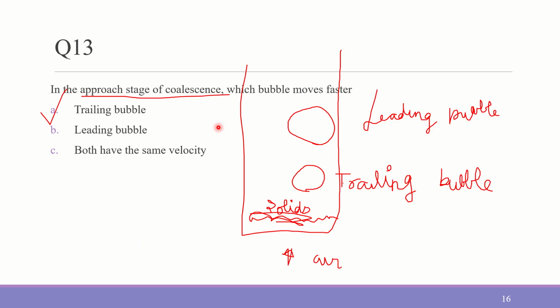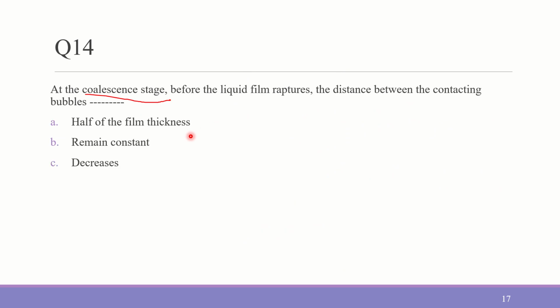In the approach stage, the trailing bubble moves faster and reaches the leading bubble, whereas in the coalescence stage the distance between the contacting bubbles remains constant. So what stage is important? At the approaching stage, the distance between the trailing bubble and the leading bubble diminishes because the trailing bubble reaches the leading bubble faster. Whereas in the coalescence stage, the distance between the contacting bubbles remains constant.